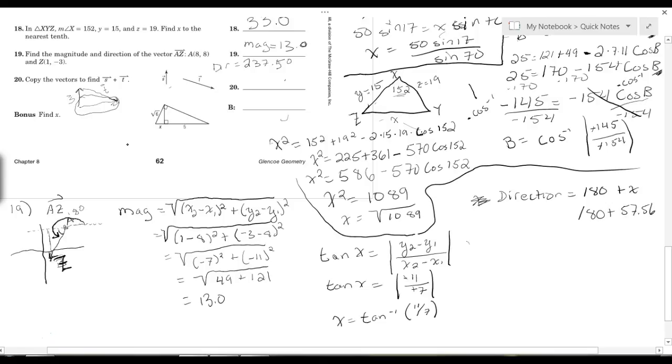Finally, the bonus question. The bonus question is very similar to some of the early triangles that we looked at, but the fun thing is, we're going to end up using a quadratic equation, or at least solving for two options for x. So I have a small triangle that shares some sides with a large triangle.